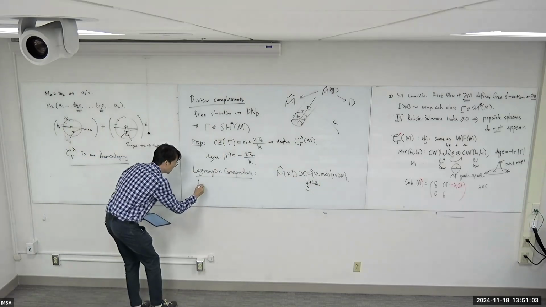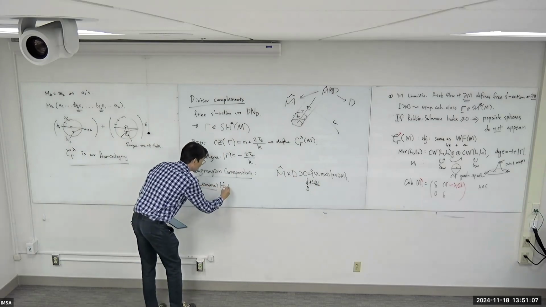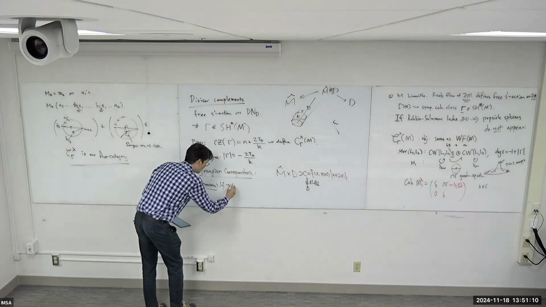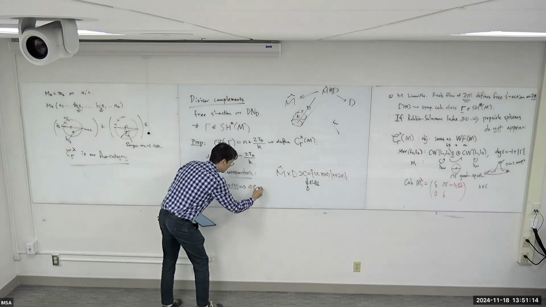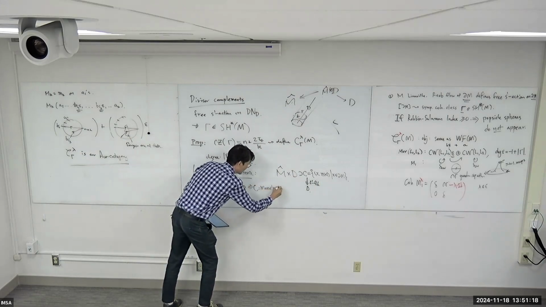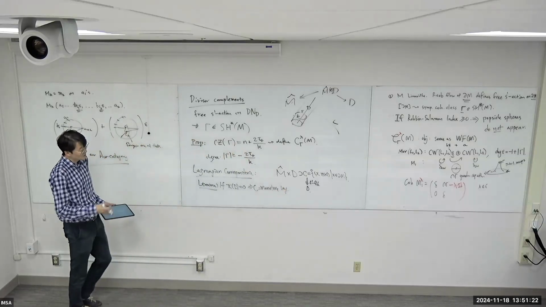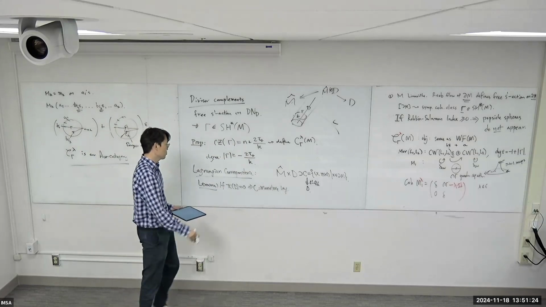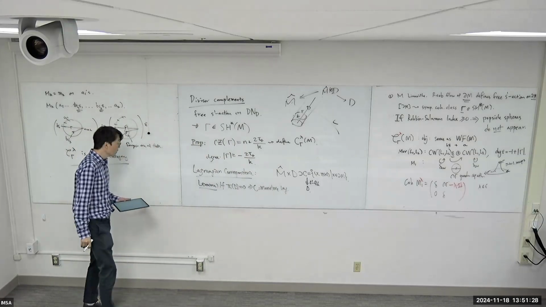And a lemma we can prove is that if D is simply connected, then C is in fact a monotone Lagrangian submanifold. Monotone Lagrangian means symplectic area is proportional to the Maslov index of the disks.